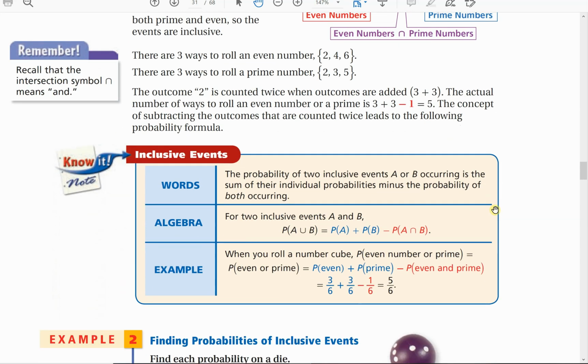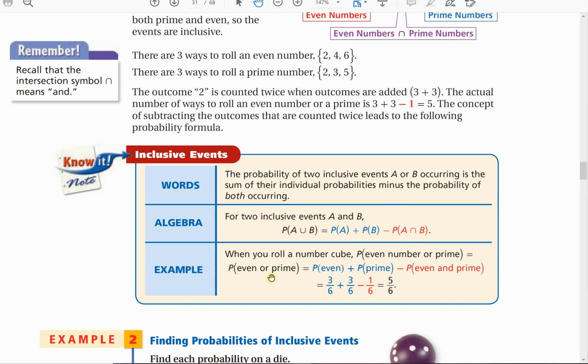And it basically looks like this. So the probability of two inclusive events, A or B, occurring is the sum of the individual probabilities minus the probability of both. So the probability of A or B would be the probability of A plus B minus the probability of A and B, them happening both at the same time.